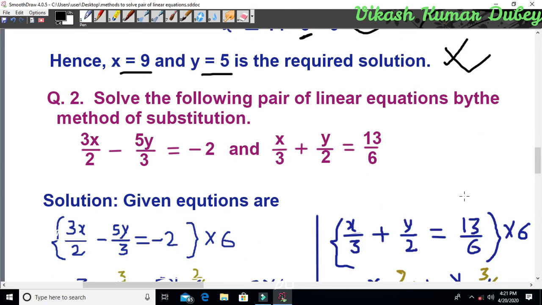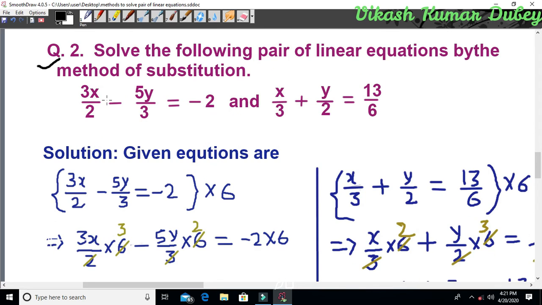Suppose we have another question here. Solve the following pair of linear equations by the method of substitution: 3x by 2 minus 5y by 3 is equal to minus 2, and x by 3 plus y by 2 is equal to 13 by 6.